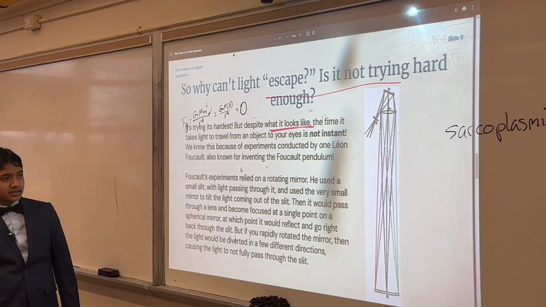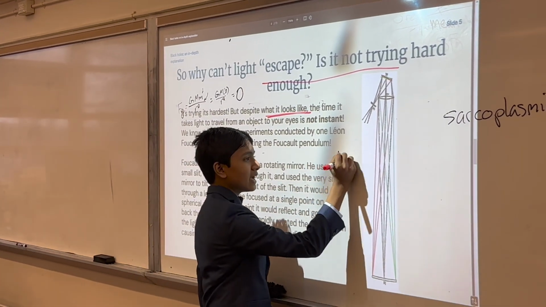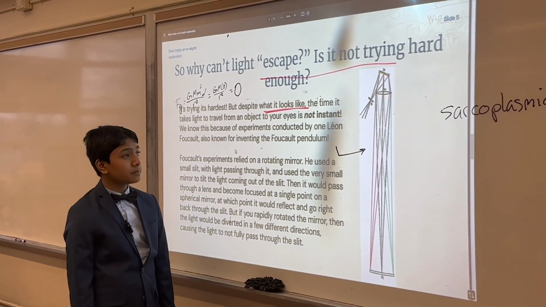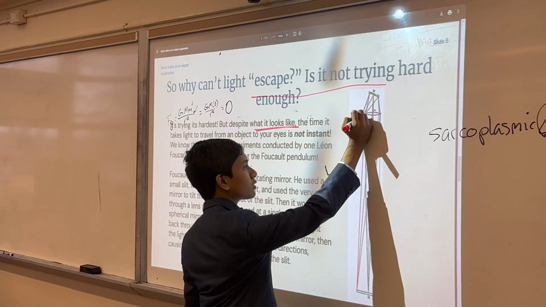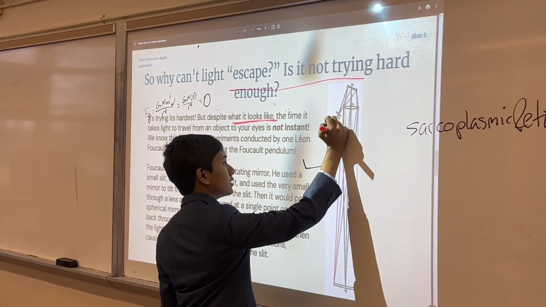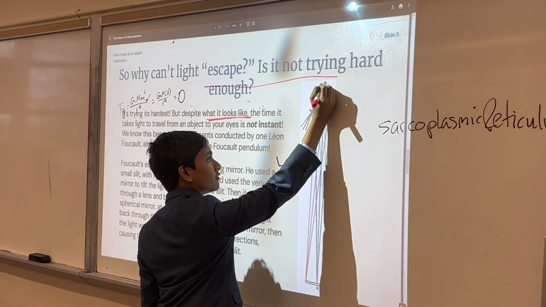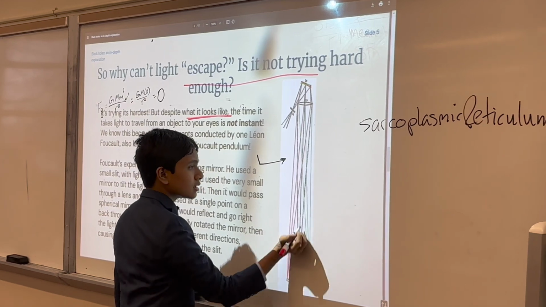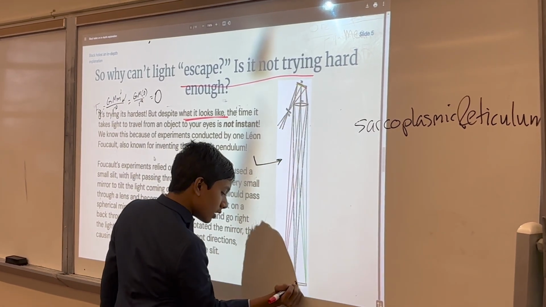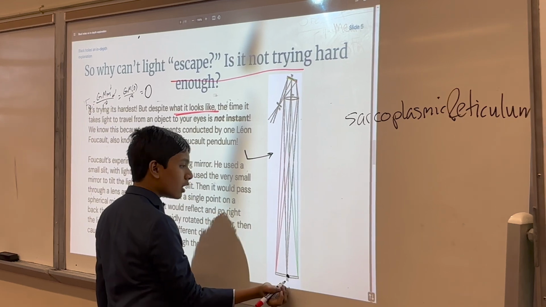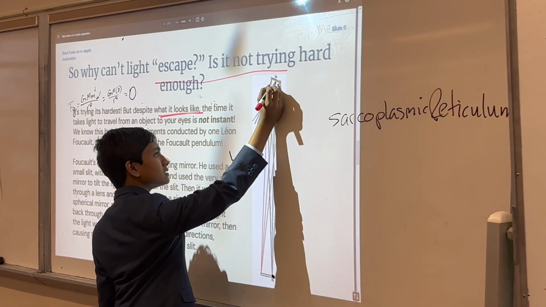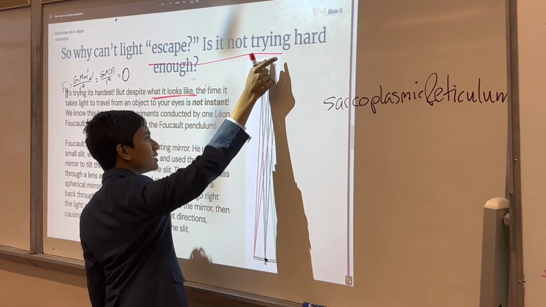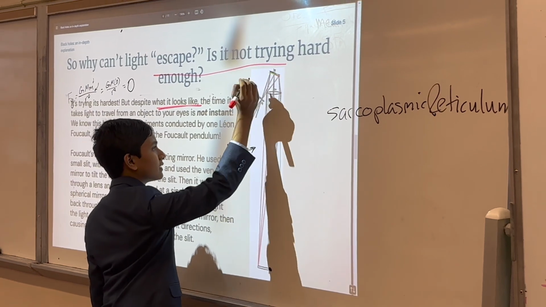So first of all, this is a small slide explaining how exactly we measured the speed of light, and it's actually a very interesting setup by Leon Foucault. But to keep it short, a bit of light entered a slit, after which it would hit a very rapidly rotating mirror, be focused by a lens onto a specific spot on a mirror, reflect back into the lens, be focused onto this rapidly rotating mirror, which is now in a different position, and go all the way back into the slit.